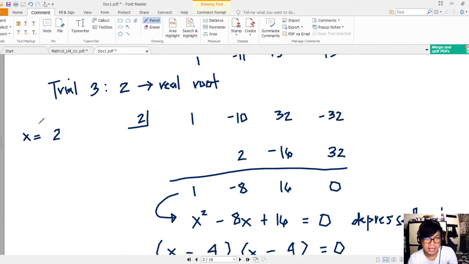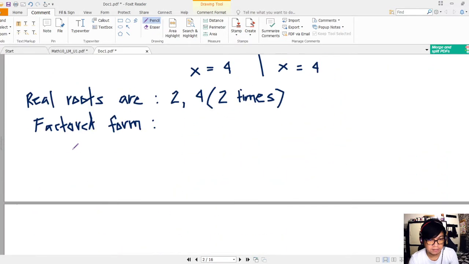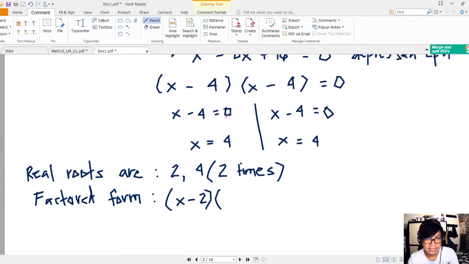Tapos gawin natin siyang binomial expression. So, i-transpose lang itong 2 dito. So, x minus 2. Tama? Tapos, naiwan sa kabila is 0, diba? So, x minus 2 yung ating first factor. So, that is x minus 2 times itong next natin, diba? Itong x minus 4.